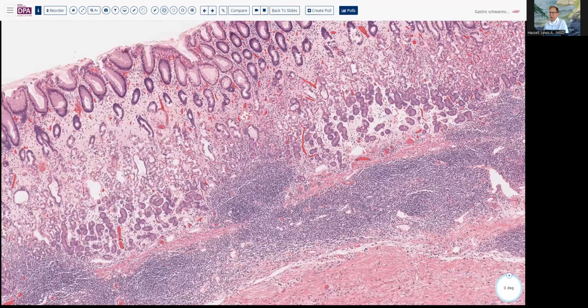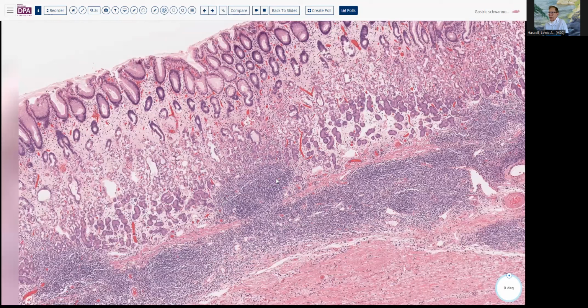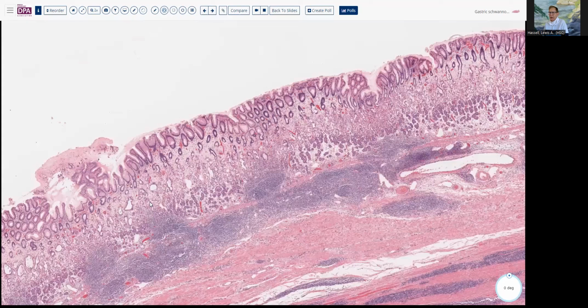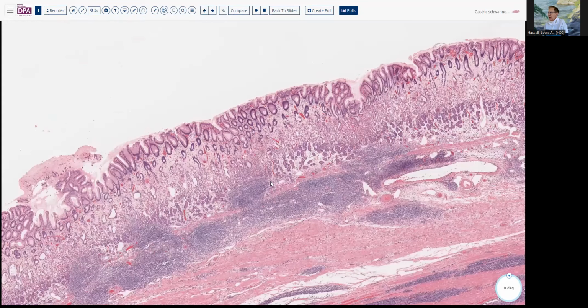So when you see this in a biopsy, and particularly if you've got some of this inflammation here, you may need to be thinking about an underlying tumor that's causing some degree of compression or edema in this area.